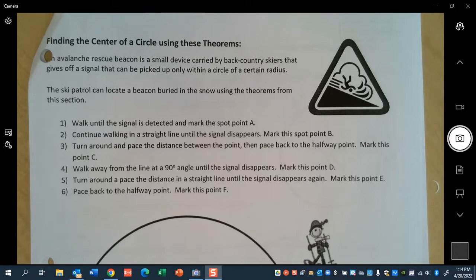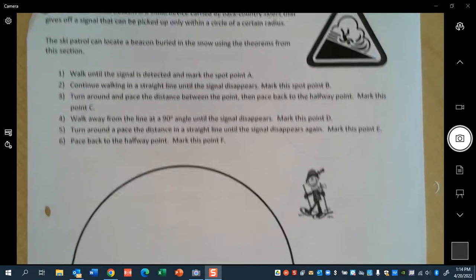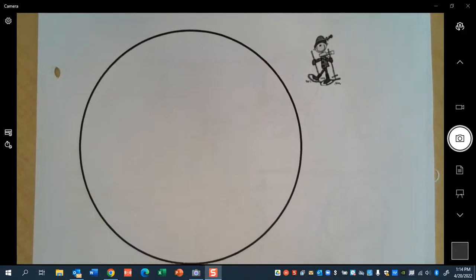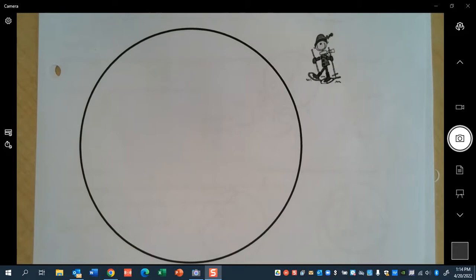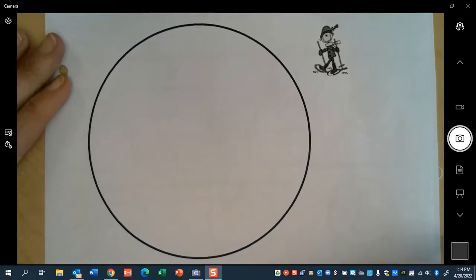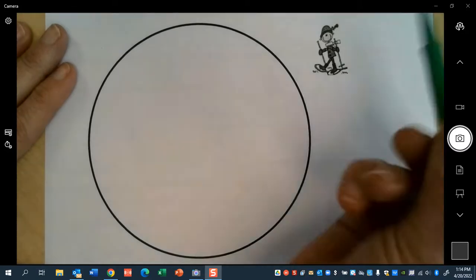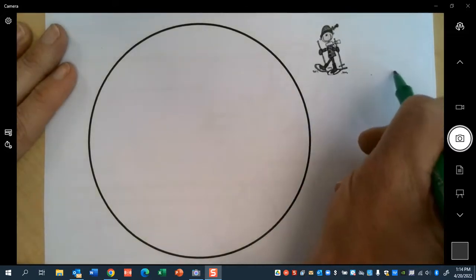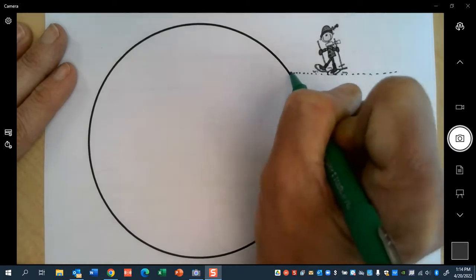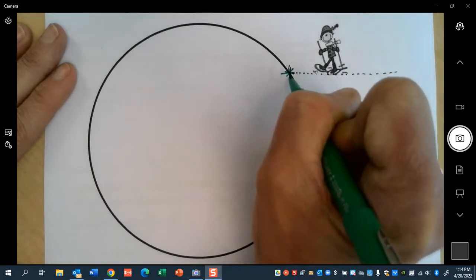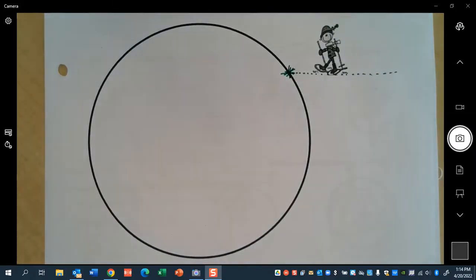So what's really cool is I want you to imagine me buried somewhere in the snow. And these theorems are how they actually use the geometry to find me. And it goes like this. When they're looking for me, they come walking along, and this is the first time that they can see my signal.